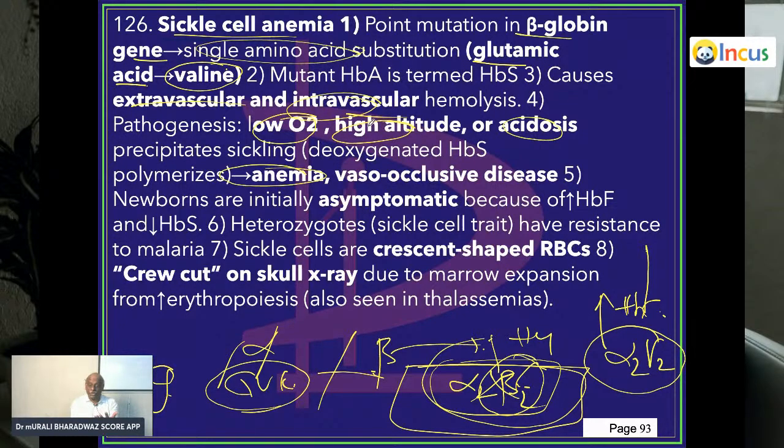It will go to the vessels going to the fingers, leading to painful vaso-occlusive crisis. Then newborns will be asymptomatic because they have high fetal hemoglobin.